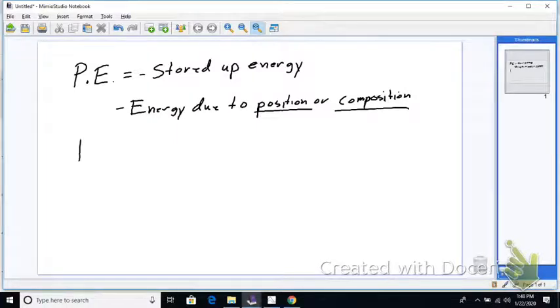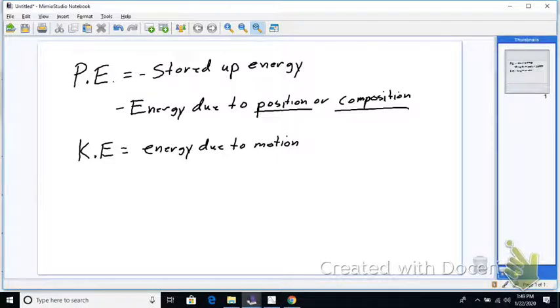So the other type of energy that we can put something into is this thing called kinetic energy. Kinetic energy is just what it says. Kinetics is motion, so it's energy in motion. So it's energy due to motion. That could be motion of molecules. It can be motions of bigger things.